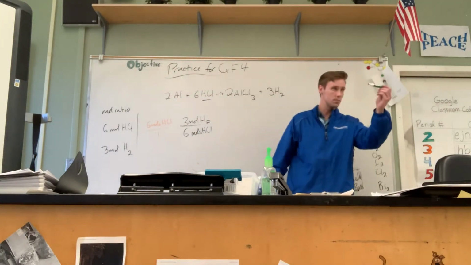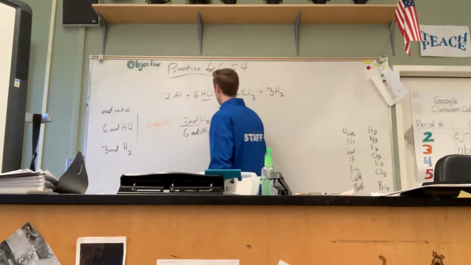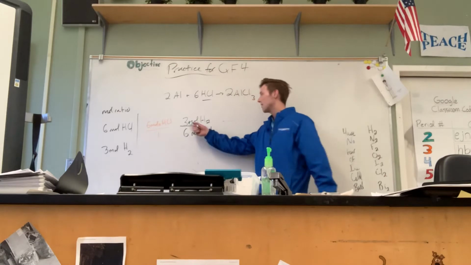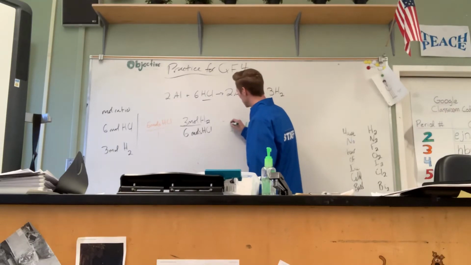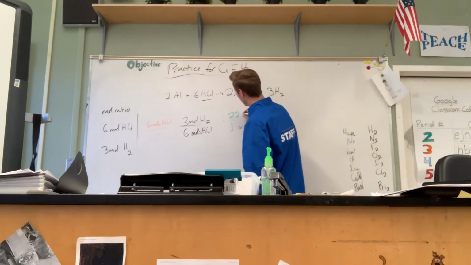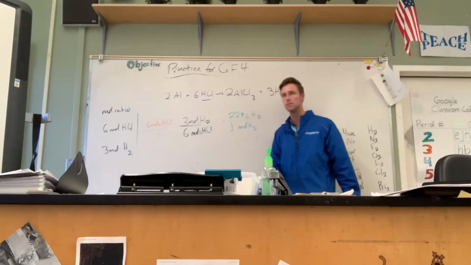Last thing I got to do is use my green arrow to get from moles into volume. If I have moles of H2 right there, I'm going to put moles of H2 right here. There are 22.4 liters in every 1 mole of H2.